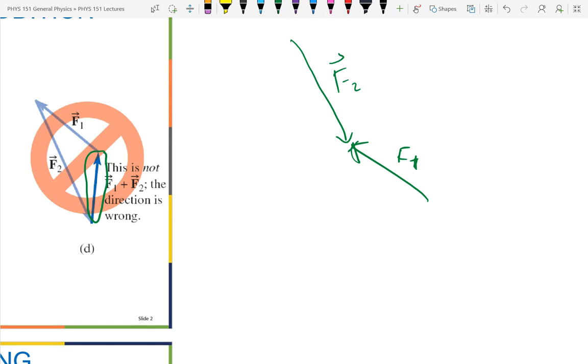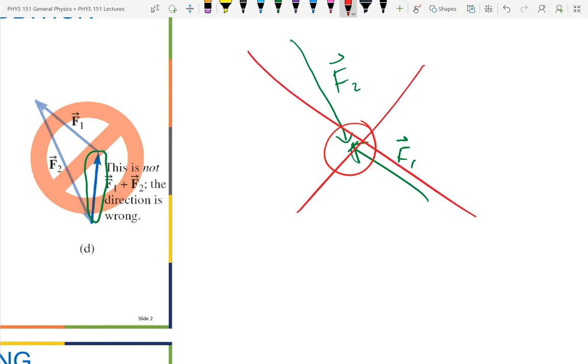Oh, besides my handwriting, which is in rare form today, what's wrong with that? I have tip to tip instead of tip to tail. And so that is not adding. That is most definitely incorrect. And so don't do that. I show you what not to do so you'll know not to do it.